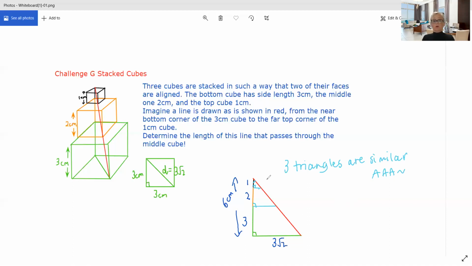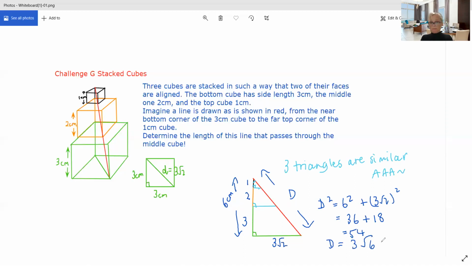So if we call this maybe capital D, so capital D squared will be 6 squared plus 3 root 2 squared, okay, which is 36 plus 18, which is 54. So D is going to be 3 root 6.